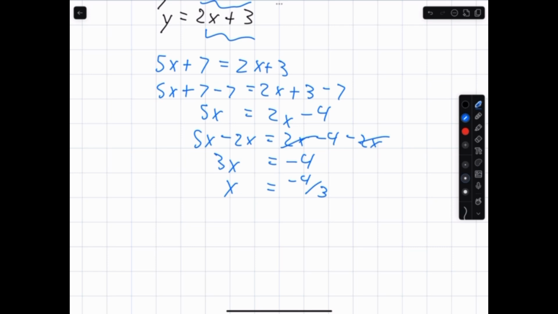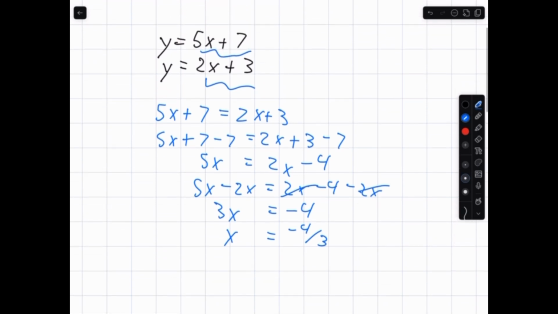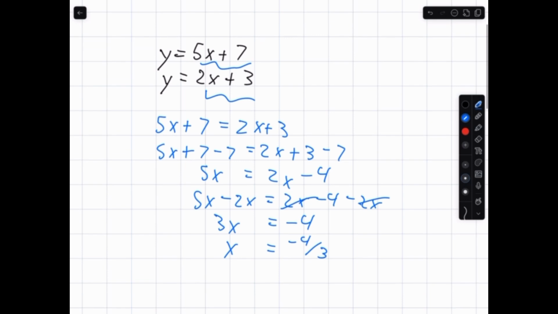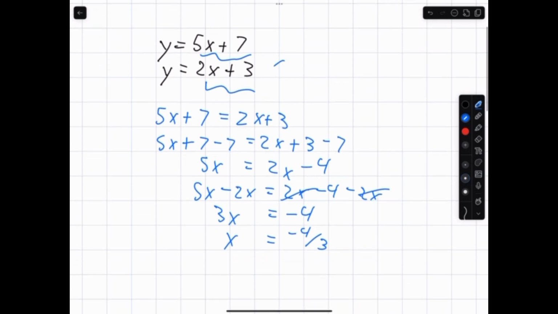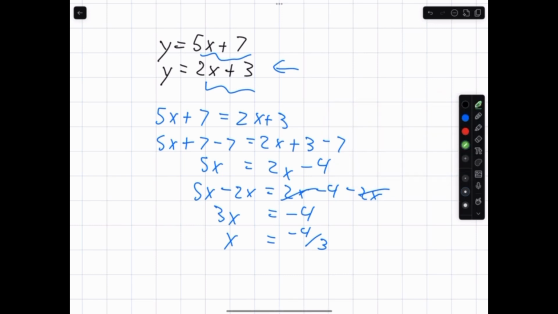So now we know that the value of x, negative 4 over 3, works for both of them. Great. I'm going to sub x back into any of the equations. That really doesn't matter. I'll sub it into this one. I get y is equal to 2 times negative 4 over 3 plus 3.